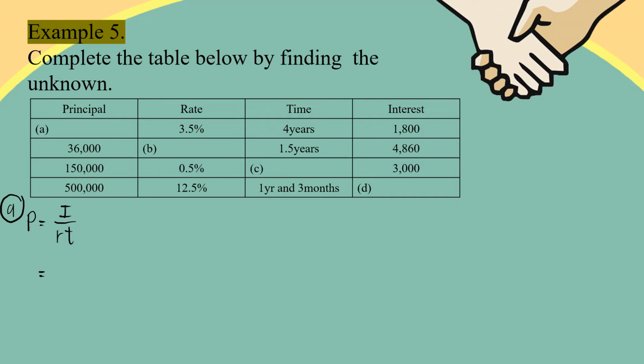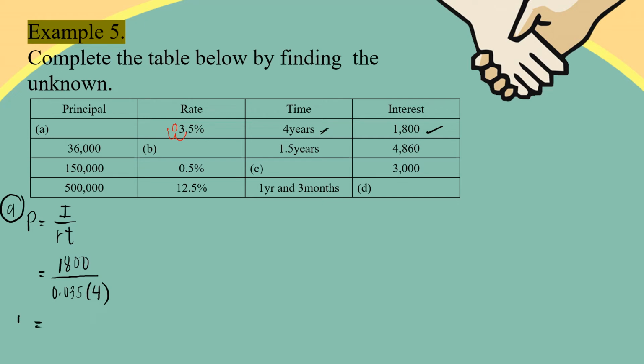Yung interest natin ay 1,800. So, 1,800 divided by, ang rate natin is 3.5%, or move tayo ng dalawang point, so magiging 0.035. Then 0.035 times time. Ang time natin ay 4 years. Naka-years na siya agad, so input na lang natin agad si 4.